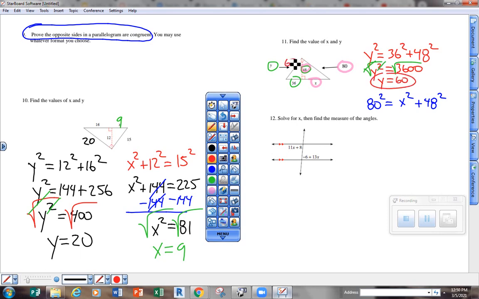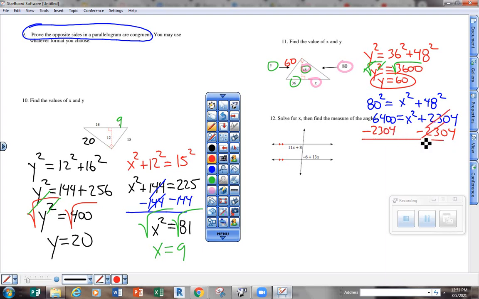The blue one, 80 squared is 6,400. 48 squared is 2,304. Take away that on both sides, and then square root your answer.